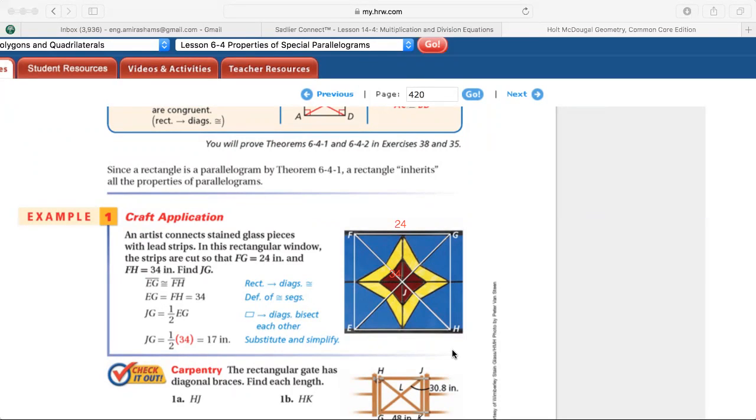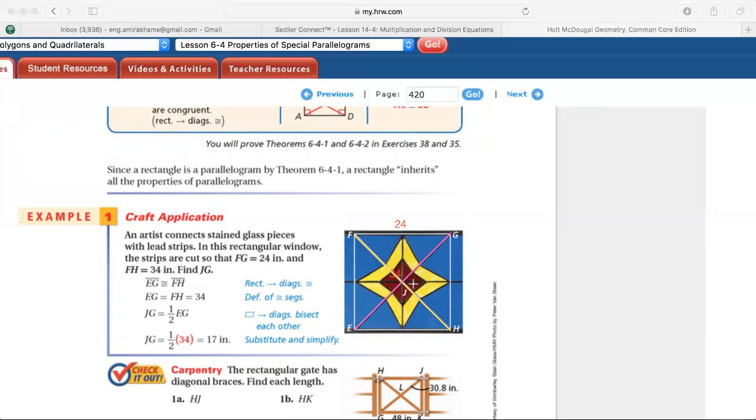Because it is one of the properties of the rectangle that the two diagonals are congruent. So here are the two diagonals of the rectangle, this one and this one. They are congruent. So EG is equal to FH. FH is equal to 34, so EG is equal also to 34.